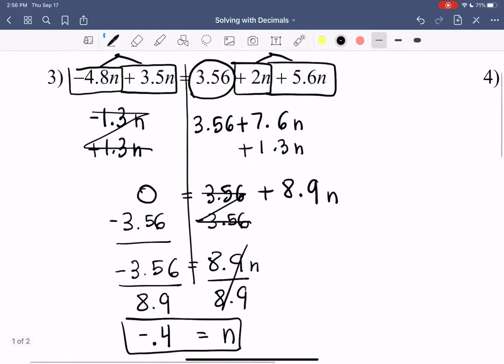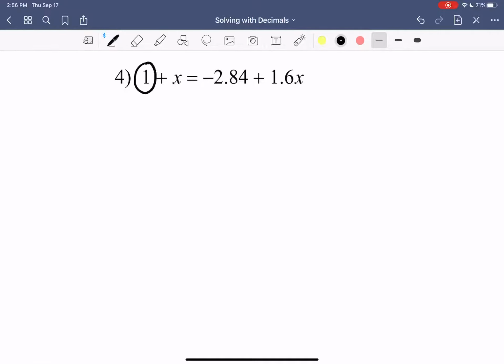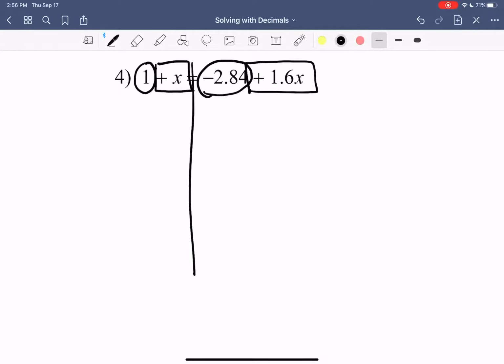All right, number 4. Back with our circling constants and boxing variables, line at the equal sign, circle our constants, box our variables. I'm going to do that better.